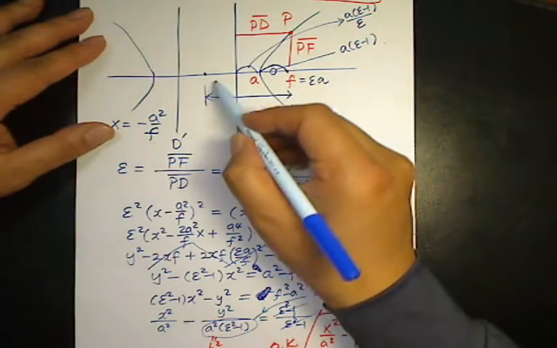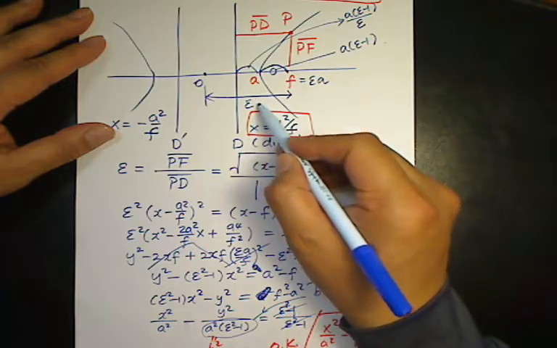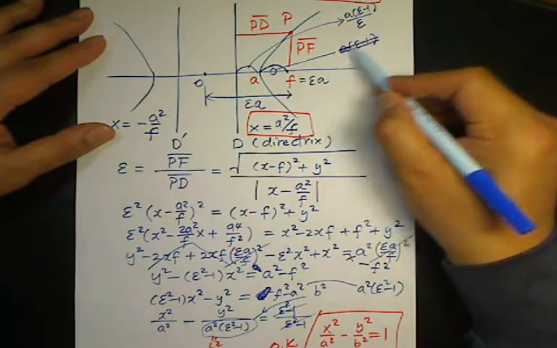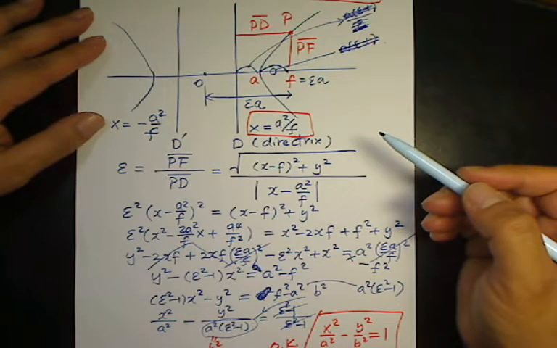Now this is the origin and this is epsilon a, right? No, this is not epsilon.